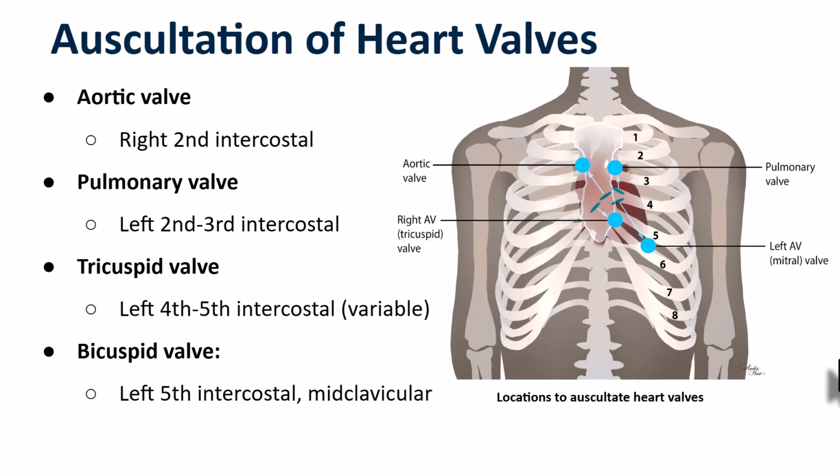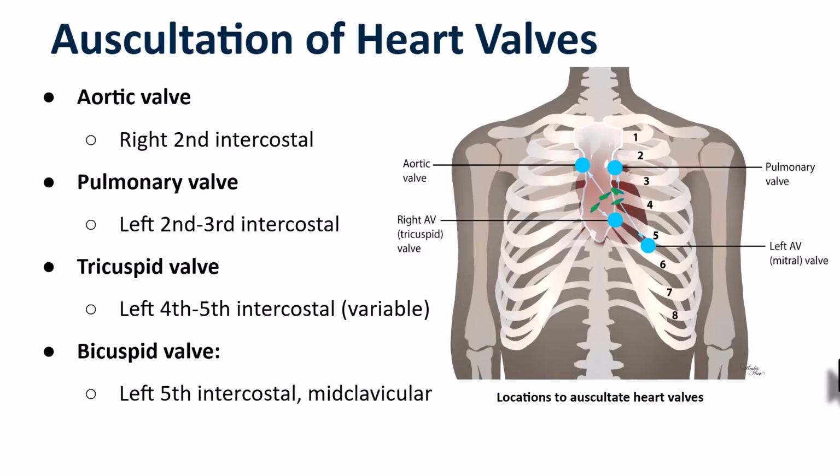Now, this illustration demonstrates the locations of various heart valves: the aortic valve, the pulmonic valve, the tricuspid valve, and the bicuspid valve. But we don't put the bell on the valve. We put the bell in the direction that blood will be flowing from the valve, such that that directionality will also carry with it sound energy.